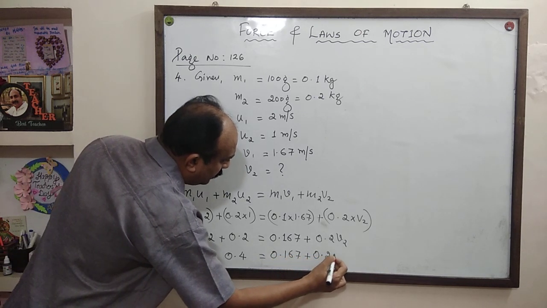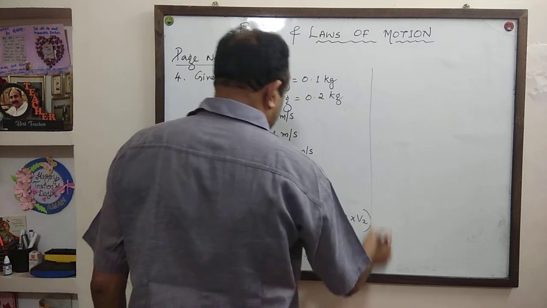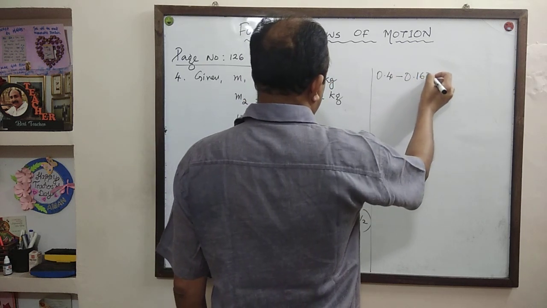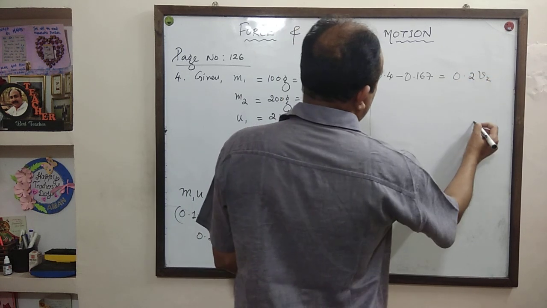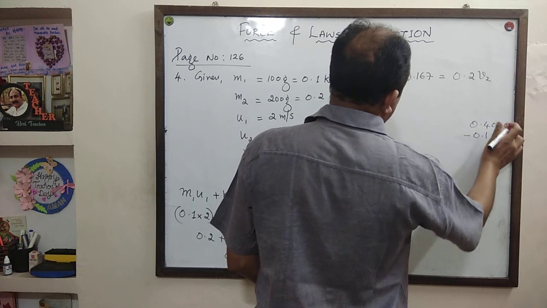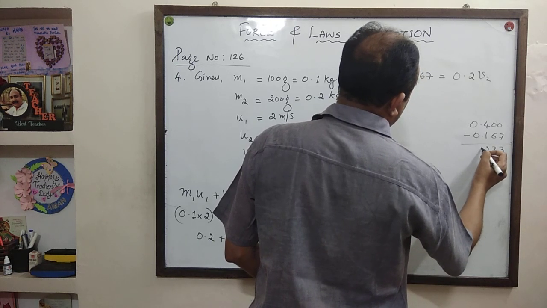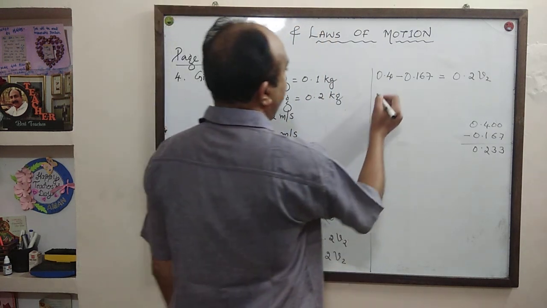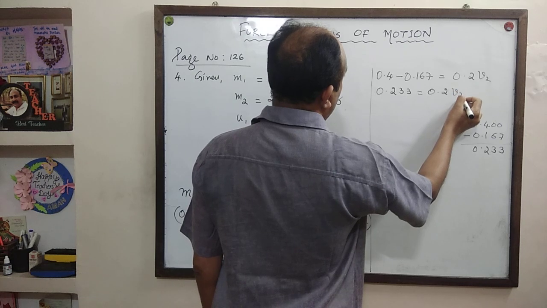is equal to 0.167 plus 0.2V2. Taking 0.167 to LHS, it becomes 0.4 minus 0.167 is equal to 0.2V2. 0.4 minus 0.167, this is 0.233. 0.233 is equal to 0.2V2.